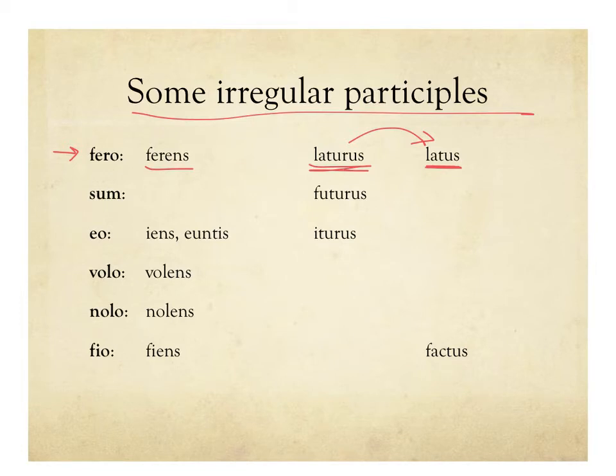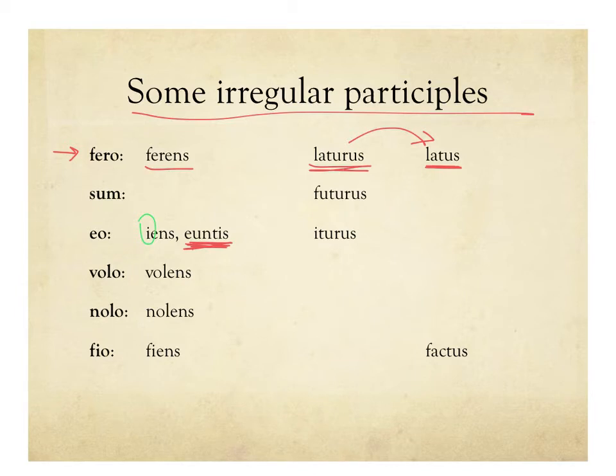Eo has two. It has a present and a future, but you can see that it has this iens and then euntis, and all the other forms are built from this. So it's going to be eunti, euntem, etc. You only see the I in this form. So that's something to keep in mind. Iturus is the future, and there just is no perfect passive.